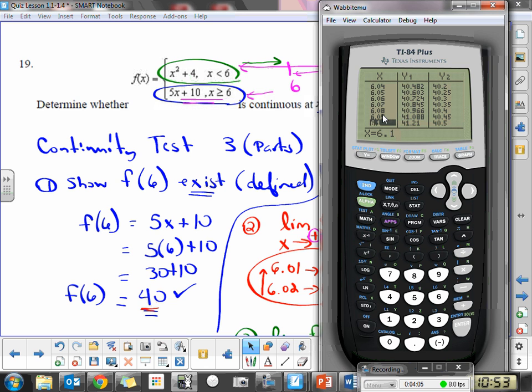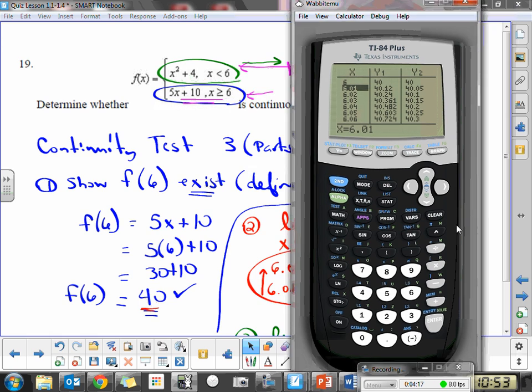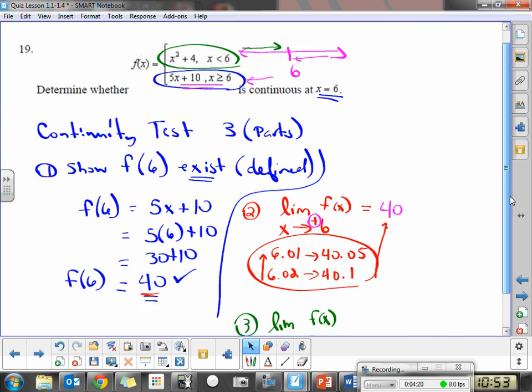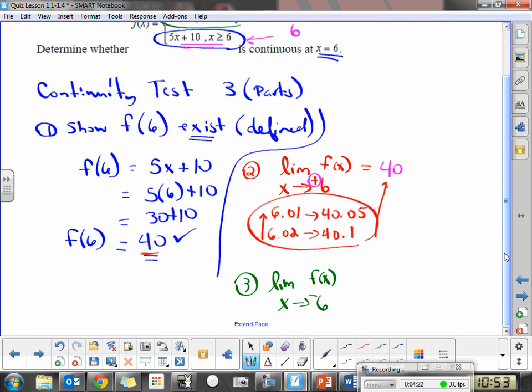If I go to 6.1 again, I can show you that it starts at 41.21 and it starts to get closer and closer to 40 as we get closer and closer to 6. So this limit of our function as we approach from the negative side is also approaching 40.